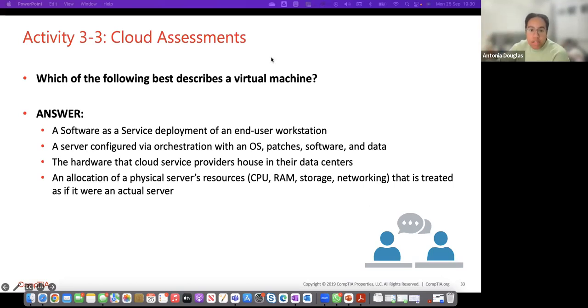Please use the chat. People are saying D, number 4. So software as a service. No. A server configured by orchestration. An allocation of a physical server that is treated as an actual server. The hardware that cloud serves.